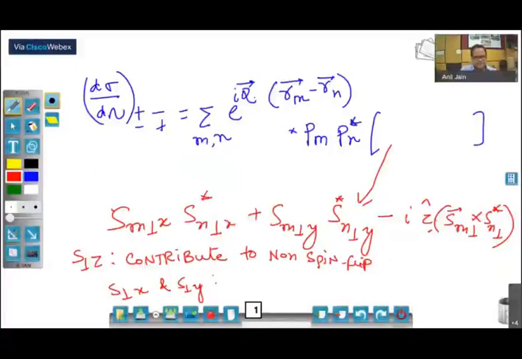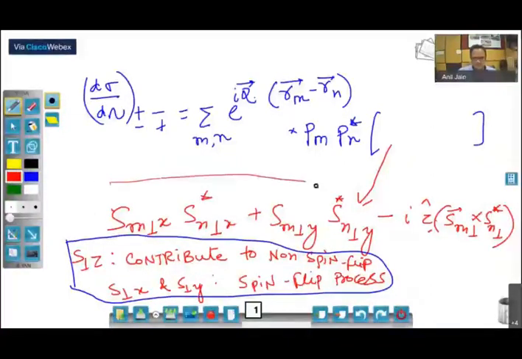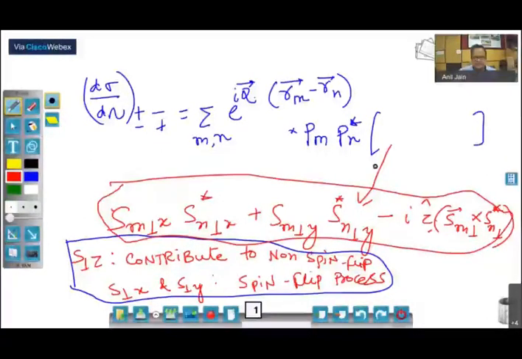You can see it here. So this is the spin flip process. So this contributes to the spin flip process. Well, to make it clear, this thing here represents the part which is supposed to come in this bracket.